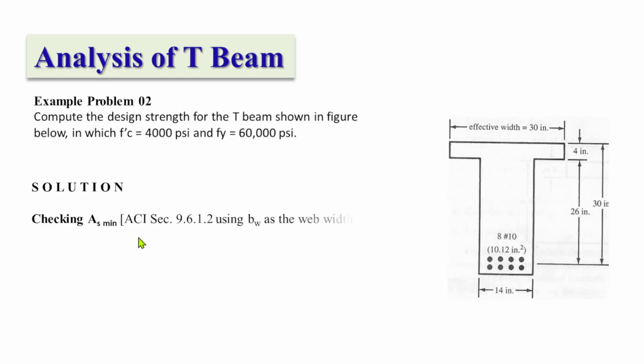First of all, we need to check the minimum reinforcement as per the ACI code requirements, in section 9.6.1.2, using the width of the web of this beam.